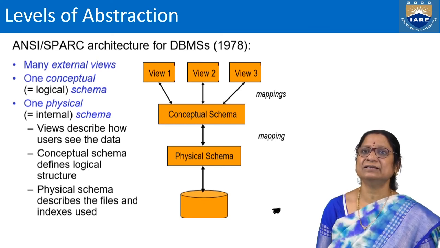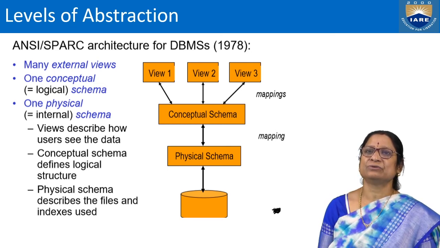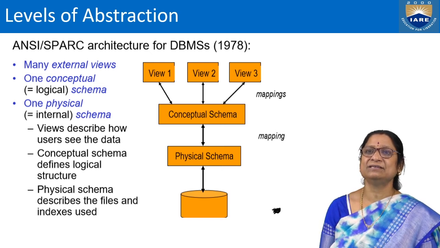The physical schema describes the files and indexes used while storing the data internally in the secondary storage device. How data is stored, what links are used, what chains are used, what indices are considered. Everything is represented by this physical schema, because all these techniques are required to access data more efficiently.